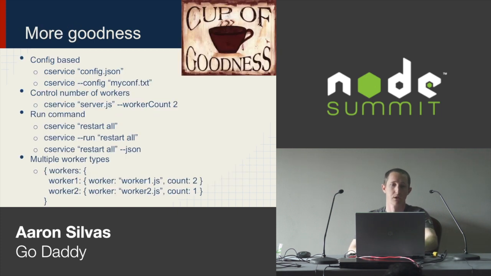Some additional things that I want to call out, we're running out of time. I want to get to some Q&A, but we can pass in configuration data. So instead of using a very verbose number of parameters, we can just pass in a JSON file, which will act as our configuration. We can control the number of workers by explicitly calling out that I don't want to use the default based on the number of cores detected.